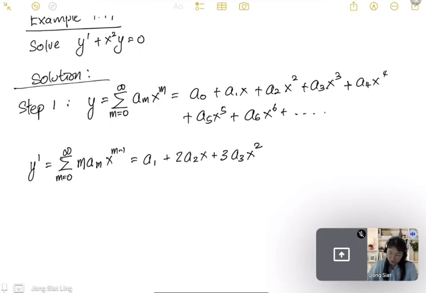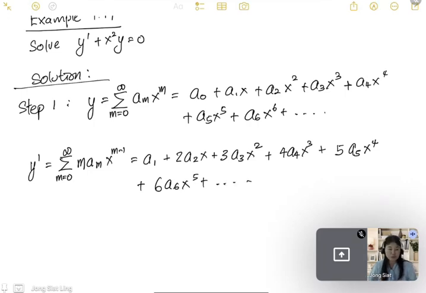So let's continue. When m equal to 4, you have 4a4 x power of 3. Then m equal to 5, you have 5a5 x power of 4 plus 6a6 x power of 5, blah blah blah. Okay, it continues to infinity.